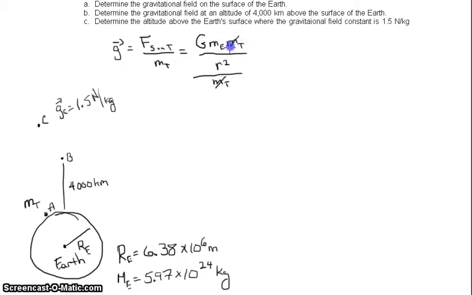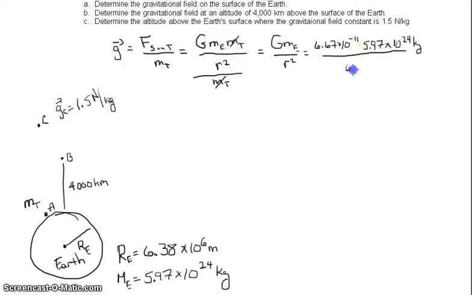We divide out the test mass, and we are left with G times M_E over R squared. If we substitute all this in, we get 6.67 times 10 to the negative 11th times the mass of the Earth, 5.97 times 10 to the 24th kilograms, divided by the radius of the Earth, 6.38 times 10 to the 6th, squared.